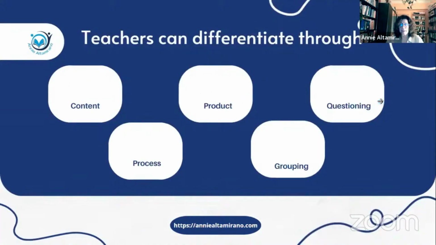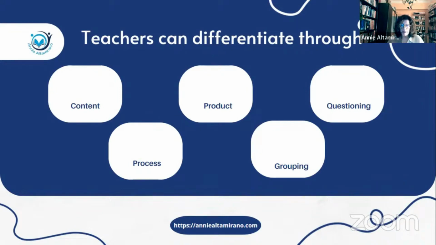So, how can we differentiate? Okay, we can differentiate content, process, product, basically, but then we can also differentiate by grouping, by questioning. There are different ways in which we can differentiate in our classroom.